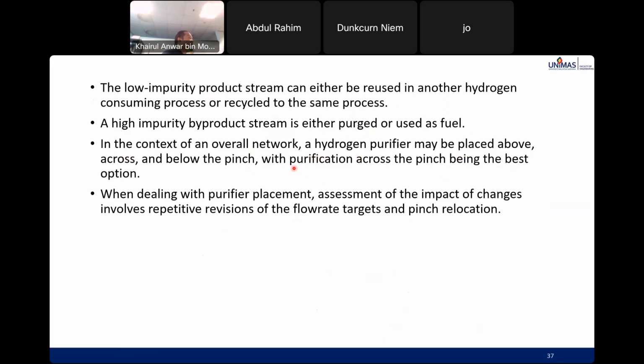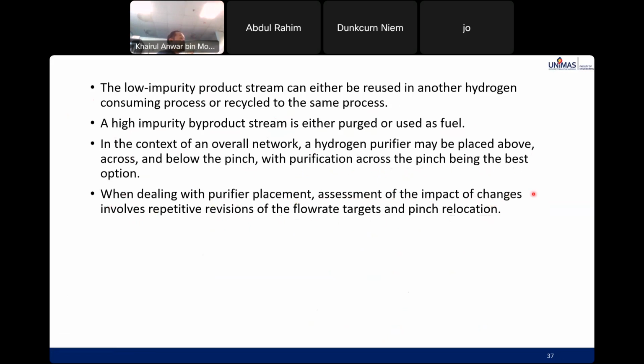So in this case, purification across the pinch. When dealing with purifier placement, assessment of the impact of changes involves repetitive revision of the flow rate target and pinch relocation.